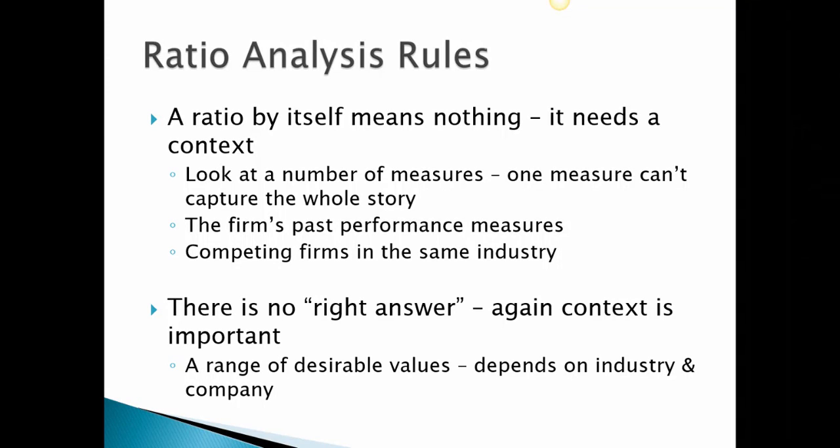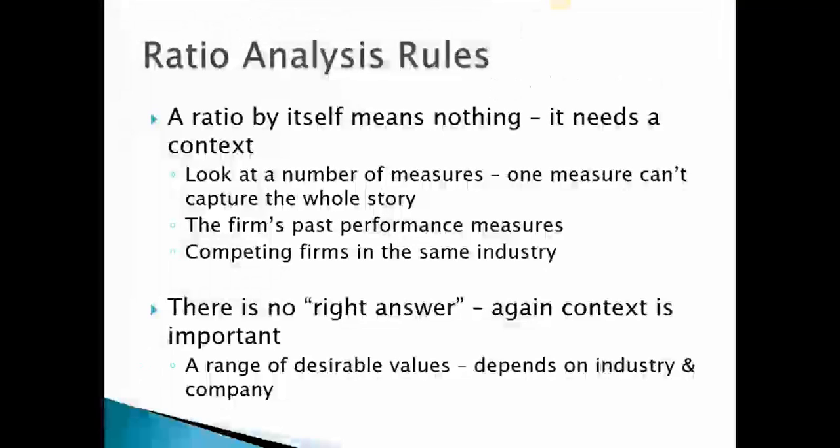And so with a firm over time, we'd want to look at it that way, or with competing firms in the same industry. And again, this first point, I've mentioned a few times, there's never really one measure that will capture everything, but we want to look at several things together to get a holistic picture of the firm and its performance over time.